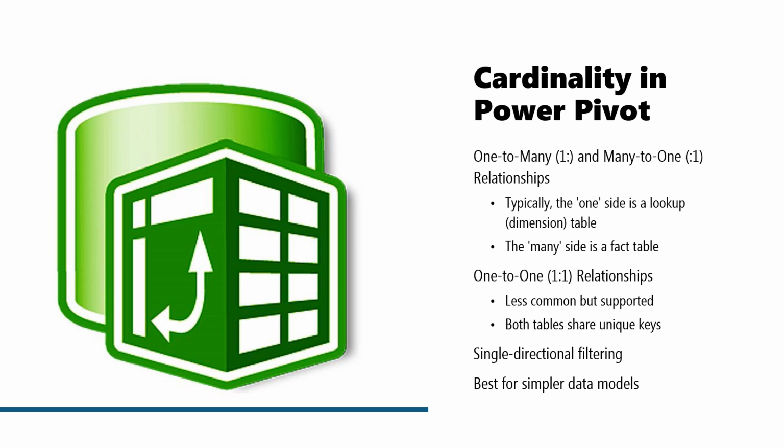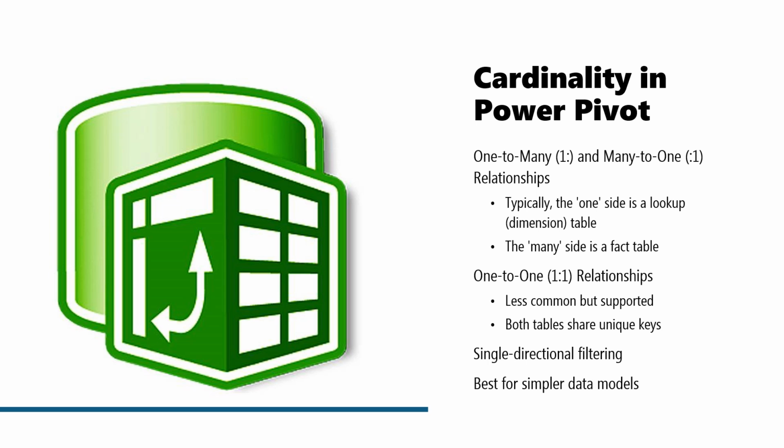Let's discuss how Power Pivot handles relationship directions. By default, relationships in Power Pivot are single directional. This means that filters flow from the one side of the relationship to the many side. So if we apply a filter to our customer table, it'll affect the related sales records. But if we filter the sales table, it won't impact the customer table.